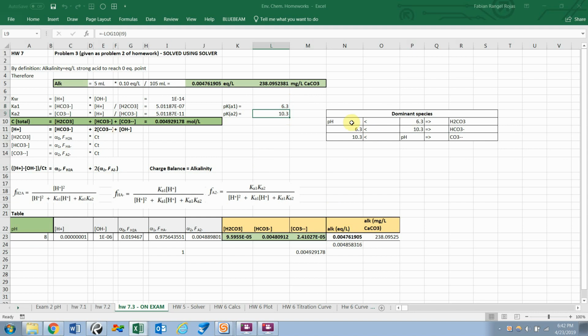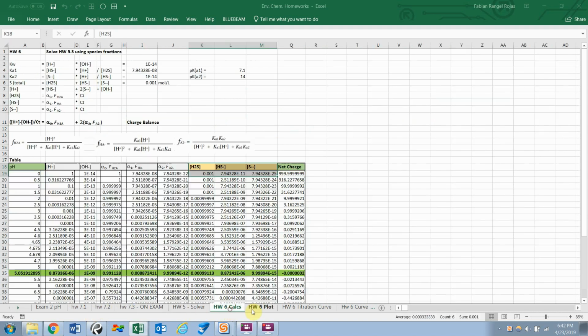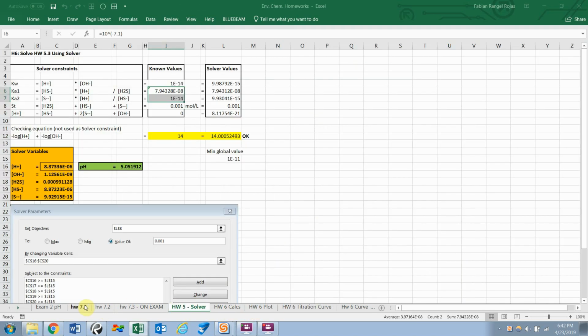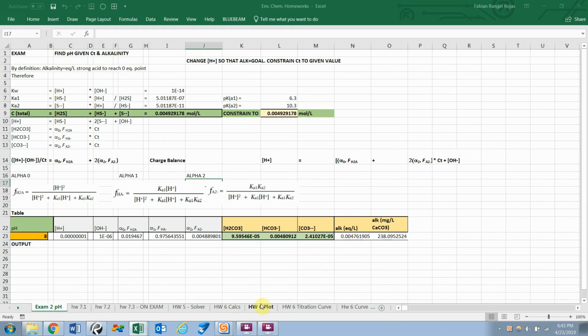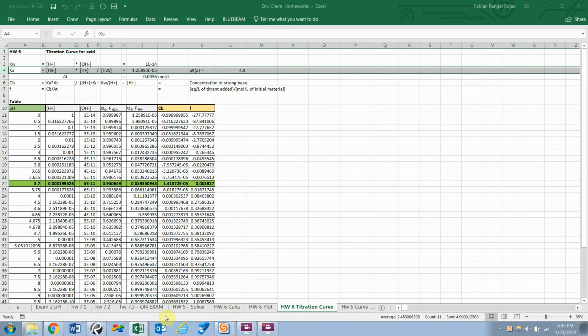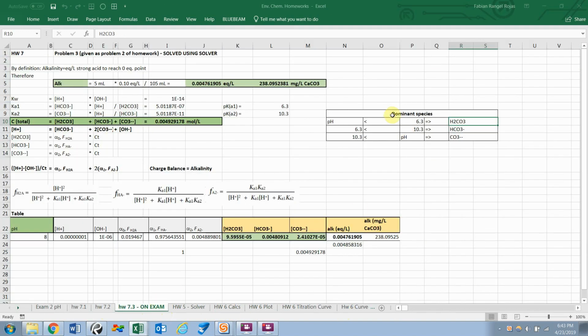What will happen is that if your pH is less than 6.3, then your dominant species is the most protonated form. Well, point is that the most protonated form dominates in the lowest pH range.